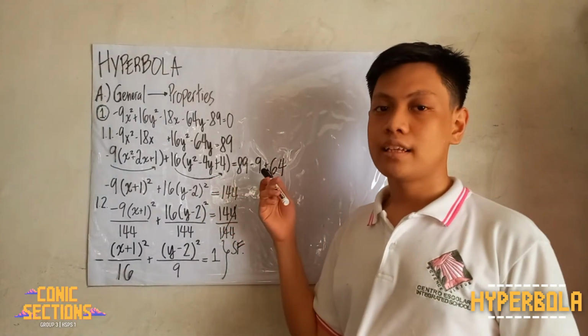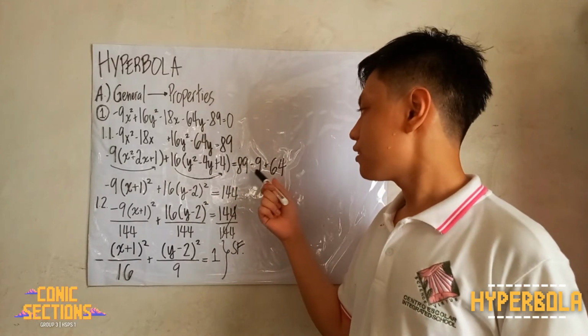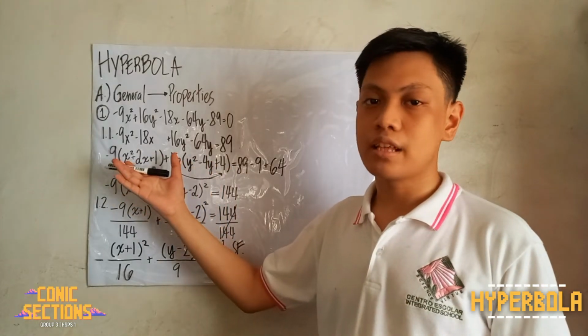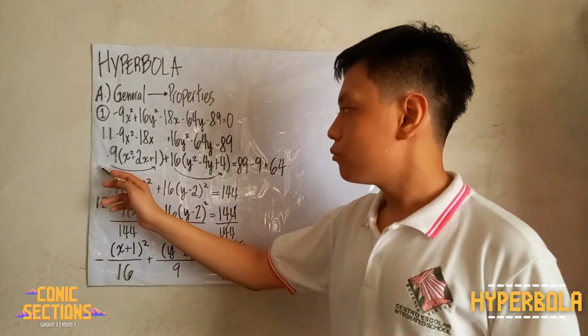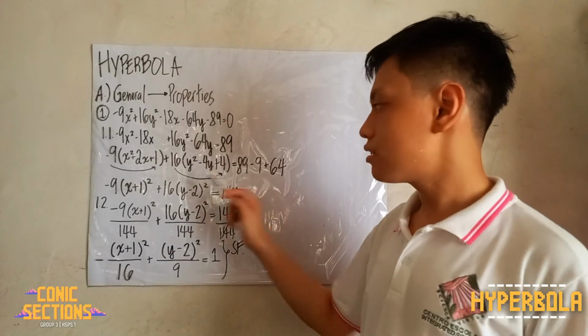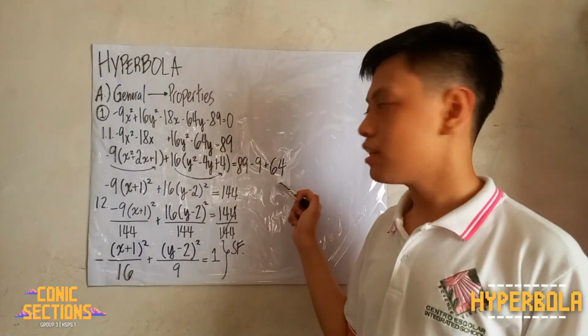Again, on the right hand side of the equation, we added these numbers because whatever we place on the left hand side of the equation, we must balance it out. So we multiplied negative 9 to 1, and multiplied 16 to 4, and thus we got this number, 64.